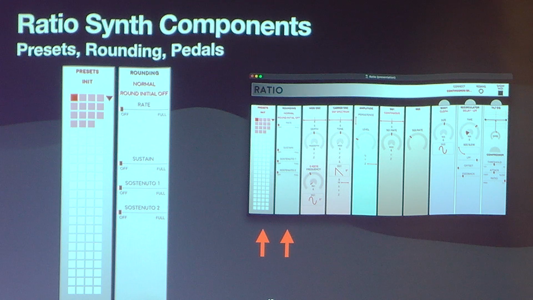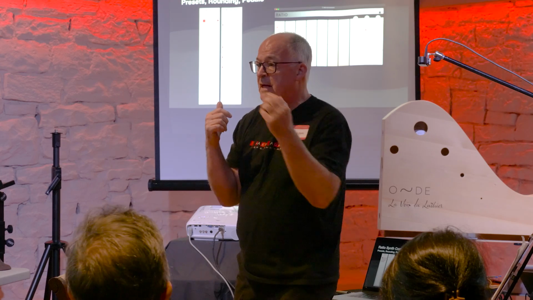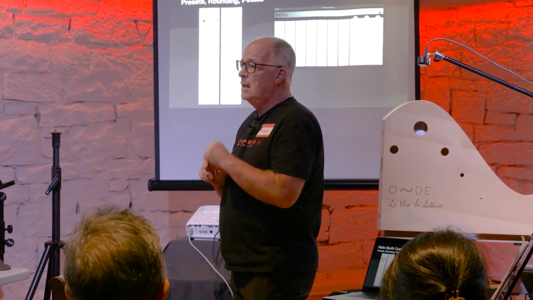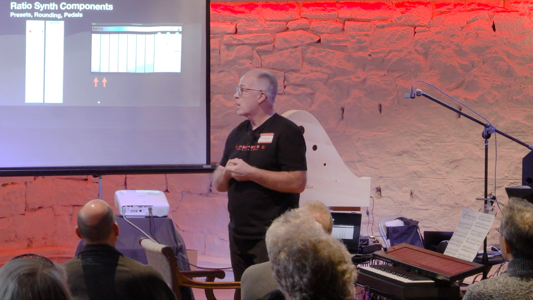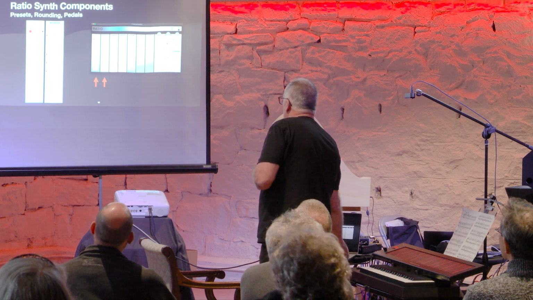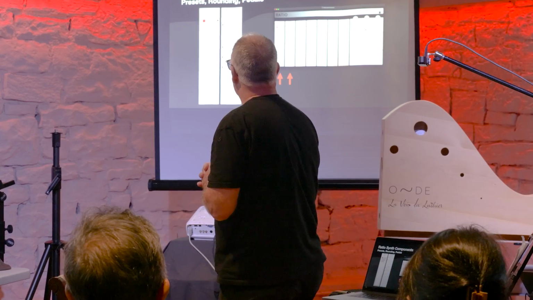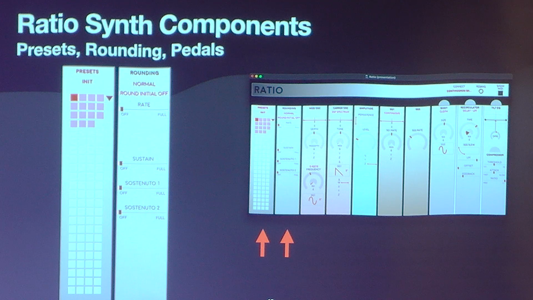Because I would say I've used maybe roughly, of the structure that we've set up, I've used maybe 60% of all the resources. So if you really want to go further into it, you can do more. In this interface, I also put the controls for the sustain and sostenuto pedals and the rounding controls. So those were already available through external MIDI.